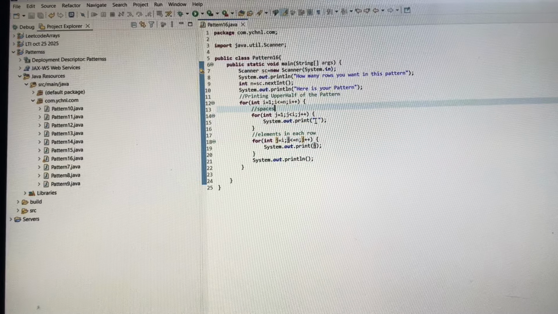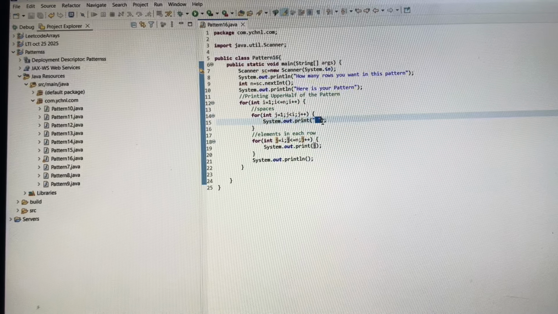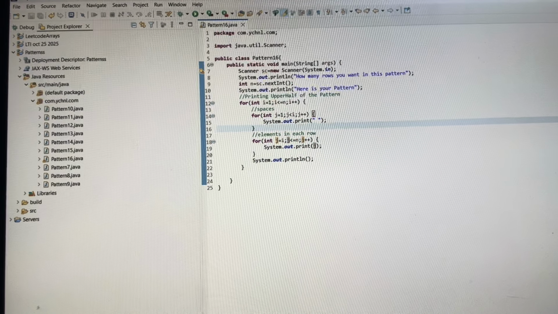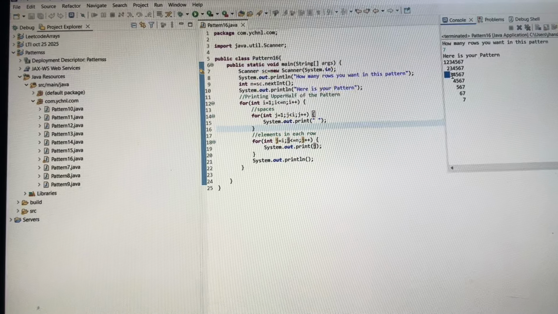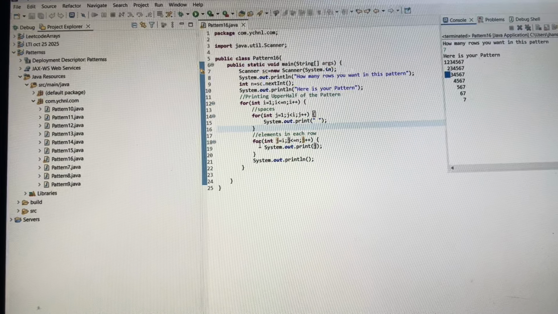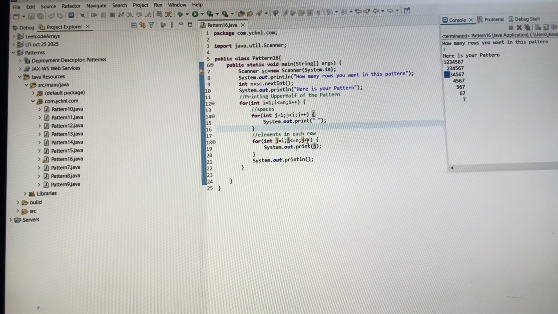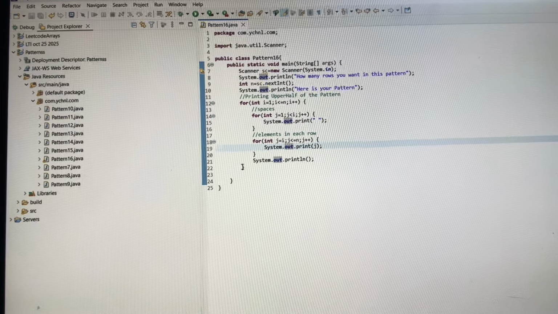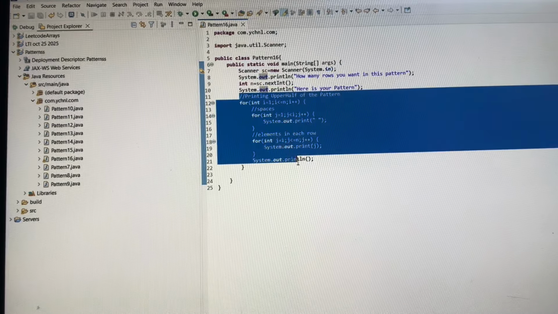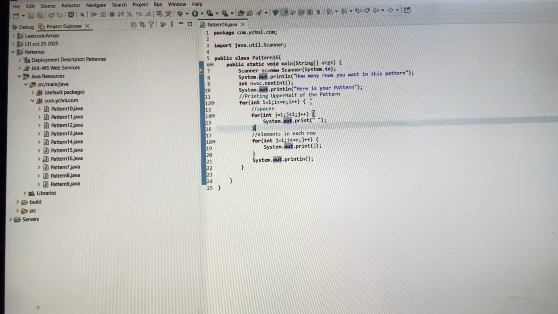That's why it will print one space, and 2 less than 3, it will print 2 spaces. For i equal to 3, the third row will print 2 spaces. And you know already how to print the elements in each row, right? So this is how the upper half of the pattern will work.